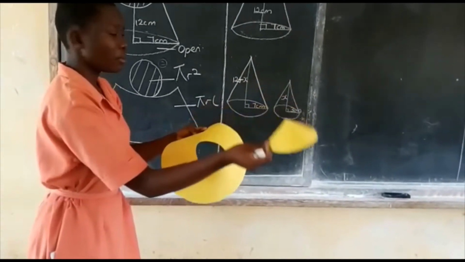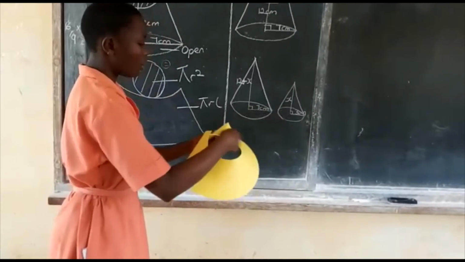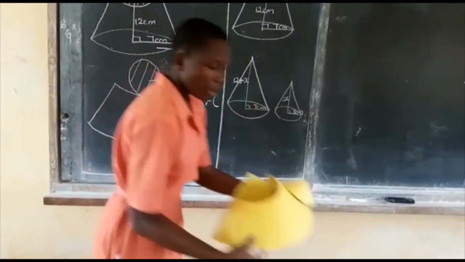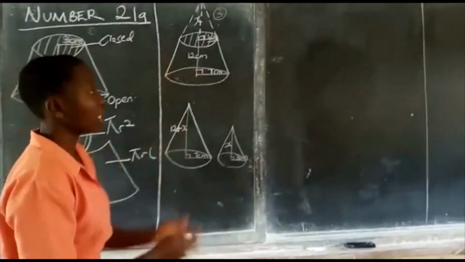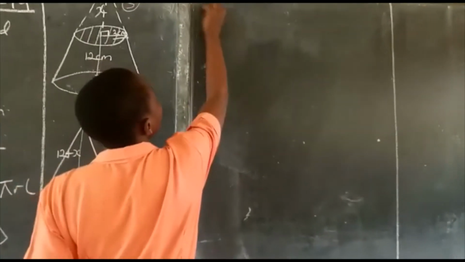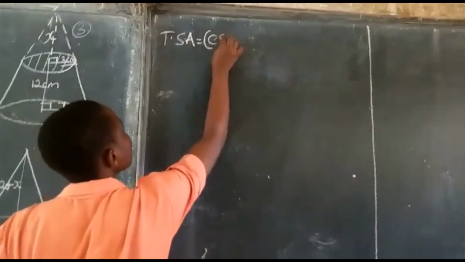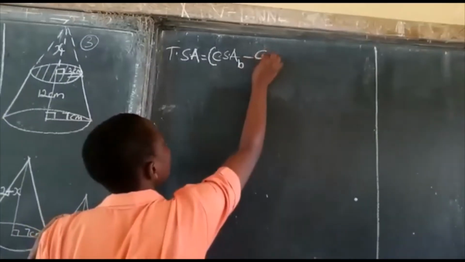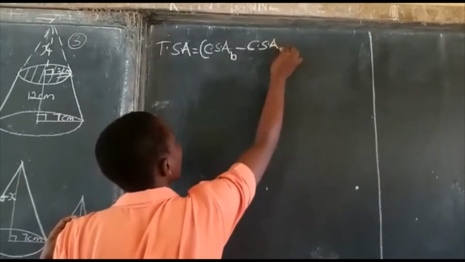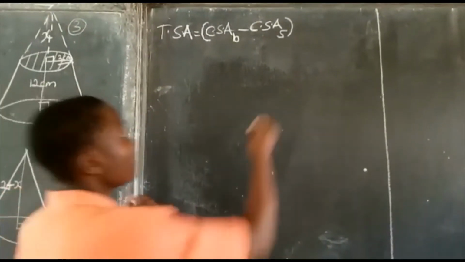So this was removed to form this small cone, and this and the whole of it formed this big one. So to find the total surface area for the lampshade, we shall need the curved surface area of our big cone minus the curved surface area of the small one, and we shall add on the area of the circular surface.